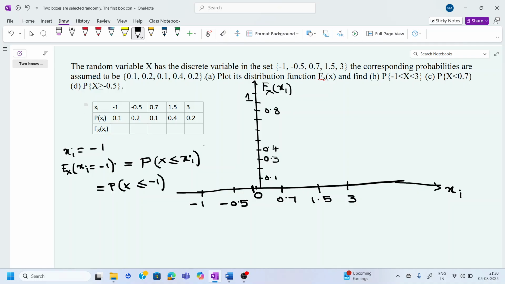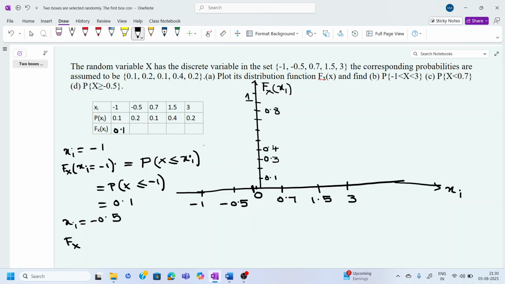We have only one value up to -1, so the probability of x taking -1 is simply 0.1. So Fx of xi at xi equal to -1 is simply 0.1. For the second point, xi is equal to -0.5.